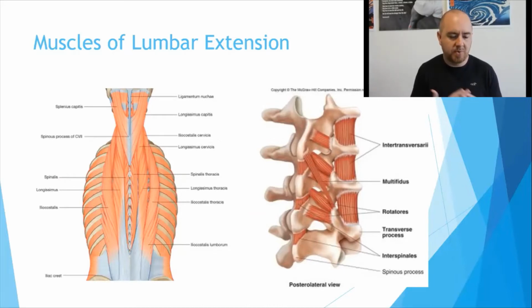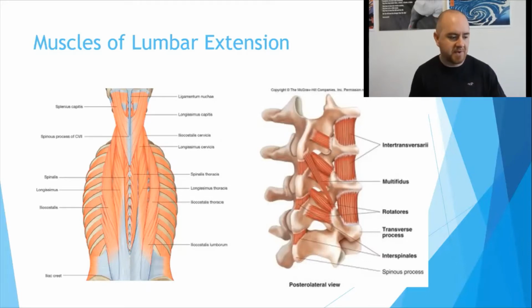So you have an iliocostalis lumborum, you also have an iliocostalis thoracis. But as far as the longissimus and the spinalis are concerned, you have more so spinalis thoracis and longissimus thoracis, but they connect to that common tendinous sheath. So again, the majority of extension is generated muscularly within the thoracic portion of those muscles.